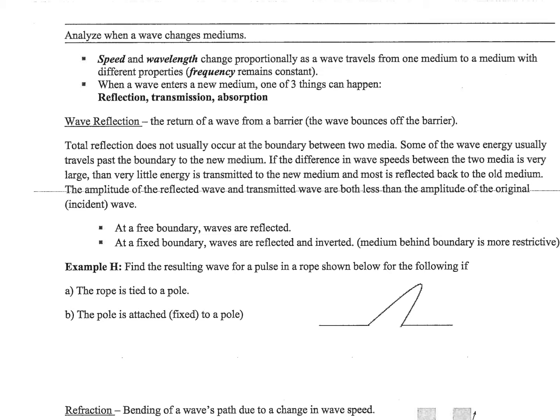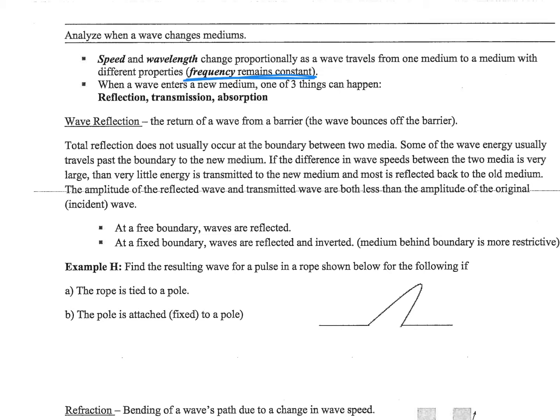So it's proportionally going to change, and then it will be the same. So now what do we know? Waves travel from one medium to another with different properties, but what remains constant? Frequency is going to be your guide to go between one to the other, okay?